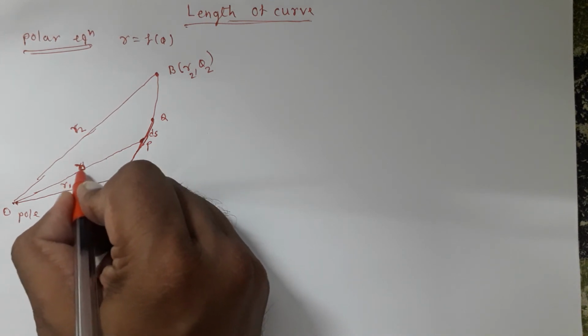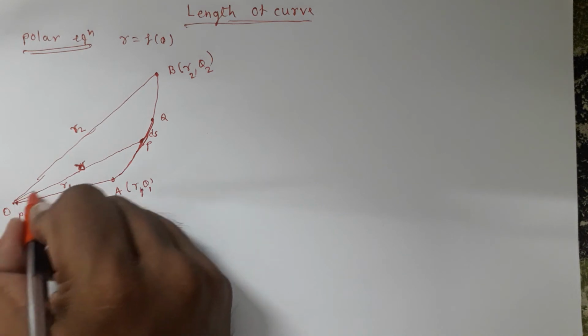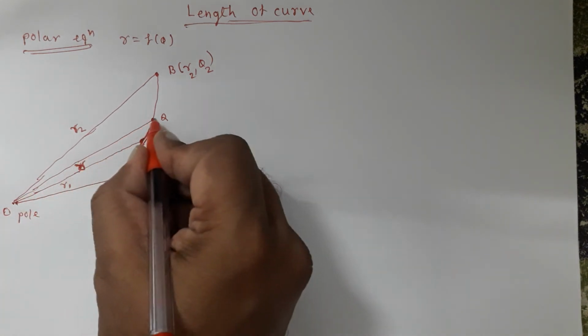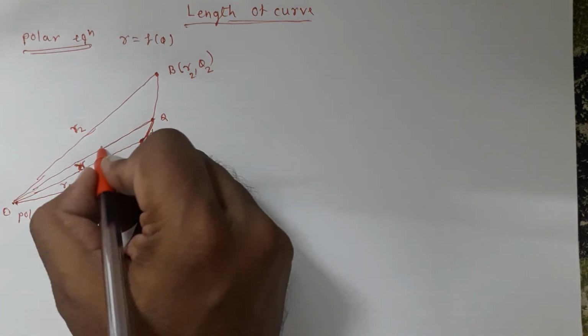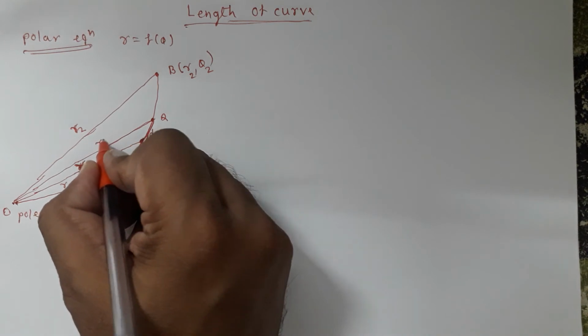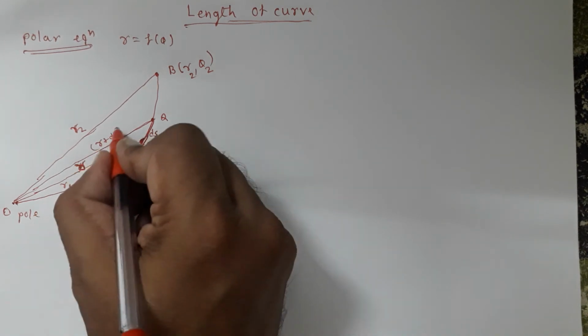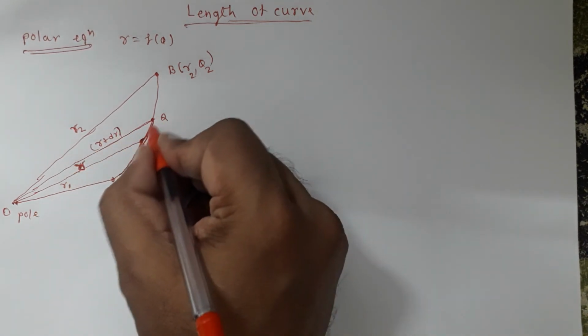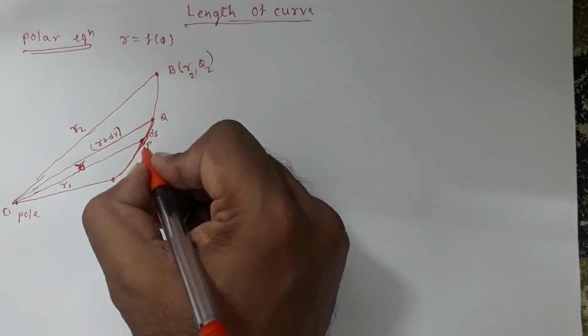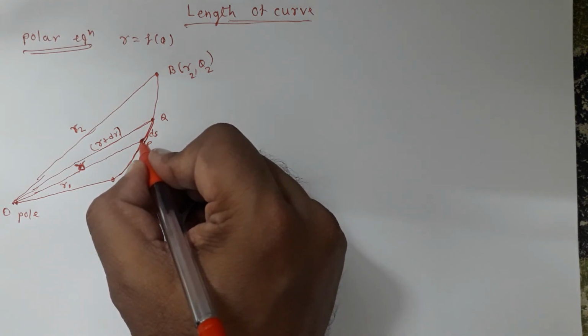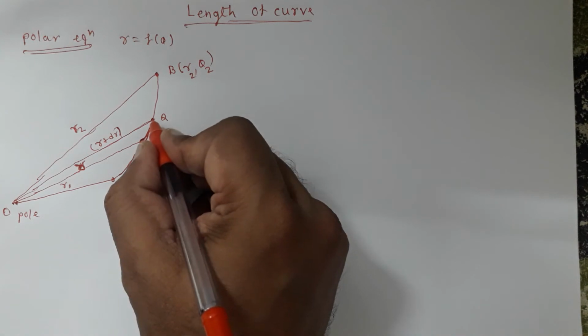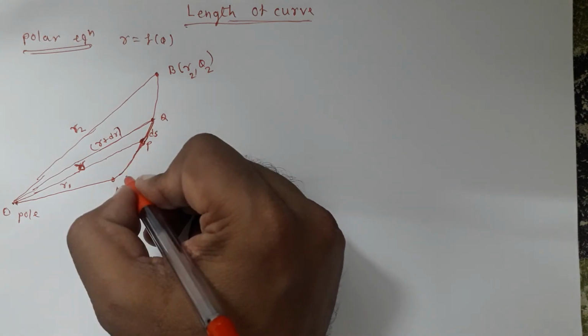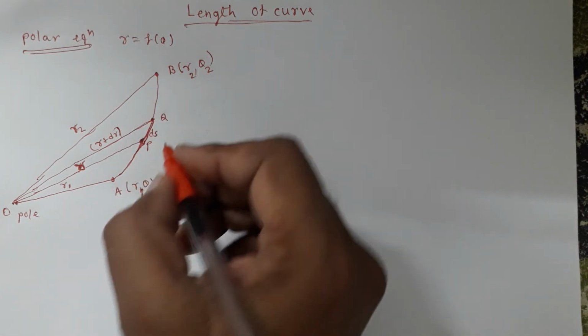Now join O to Q also, and let the change in position vector be dr, so it is going to be r plus dr. Now again my procedure is similar: I will get the length PQ first, and then by integrating I can get the length AB.